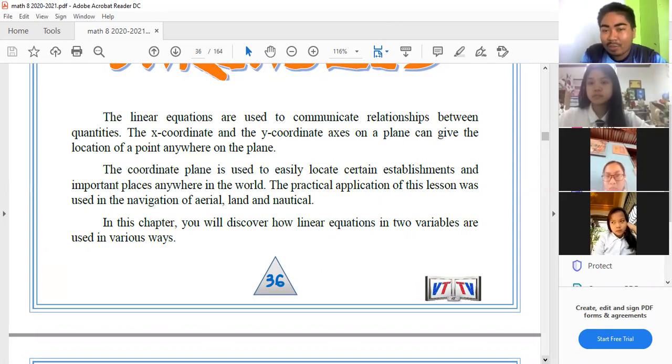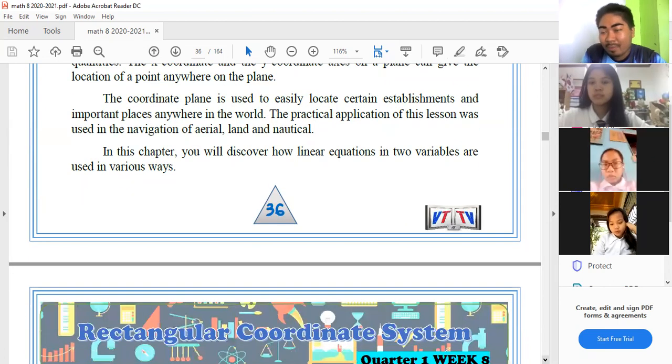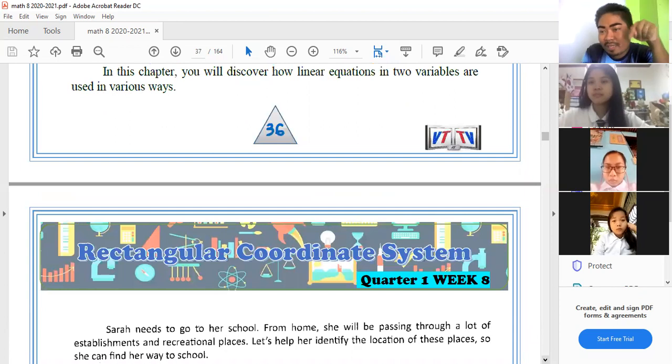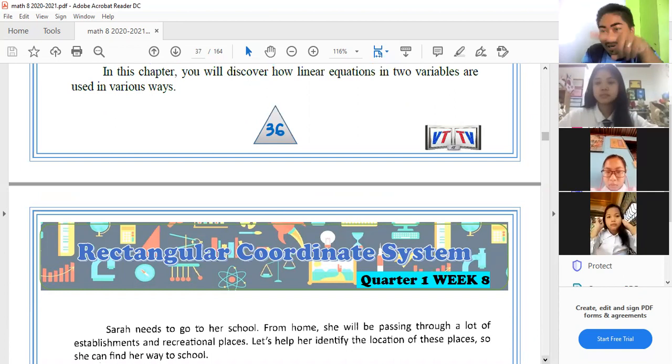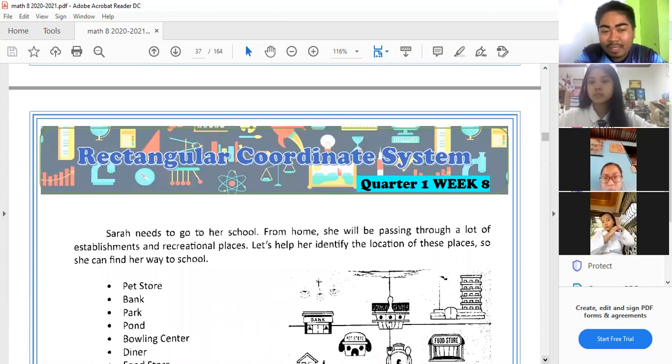Tinatanong nyo siguro para saan ito, nagagamit nyo to in navigating, or kung may gusto kayong hanapin, or nagagamit nyo rin siya sa map. Diba meron tayong north, east, south, west, or hilaga, timog, silangan, kanluran. So, we have here the rectangular coordinate system.